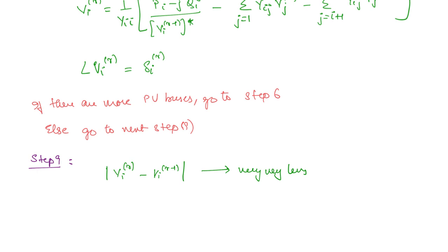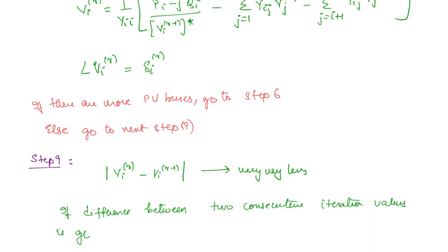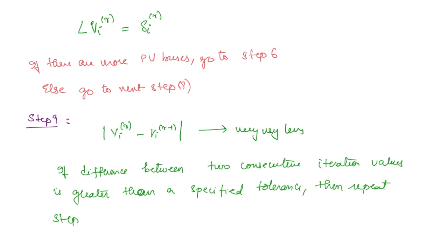So here you can write down: if the difference between two consecutive iteration values is greater than a specified tolerance, then repeat steps 4 to 8 for only those buses. So here you can add, of any bus.